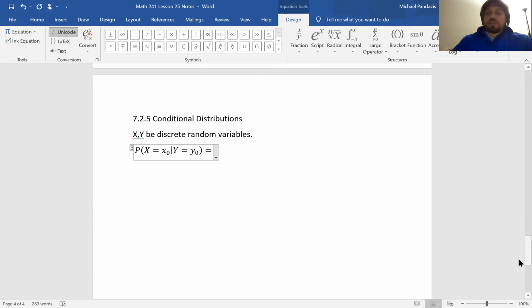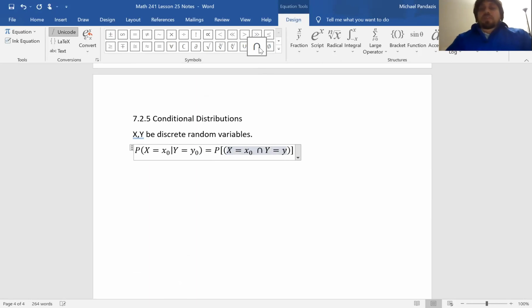So then that's equal to, from conditional probabilities, the probability that x equals x naught and y equals y naught divided by the probability that y equals y naught.